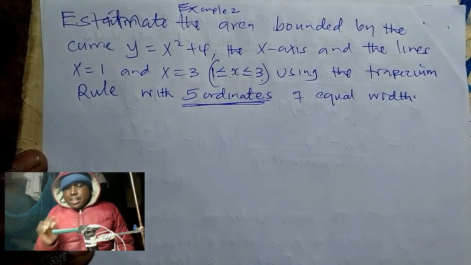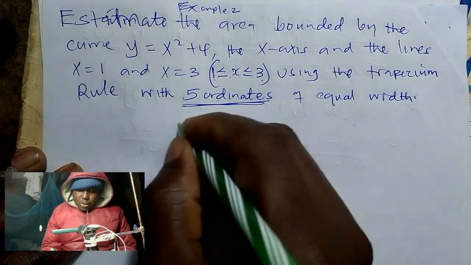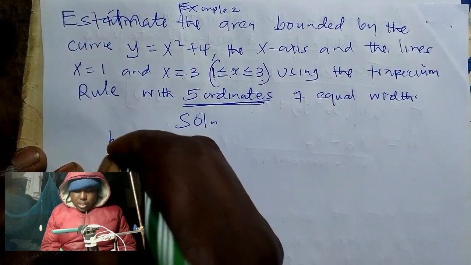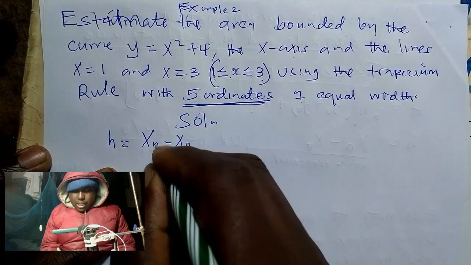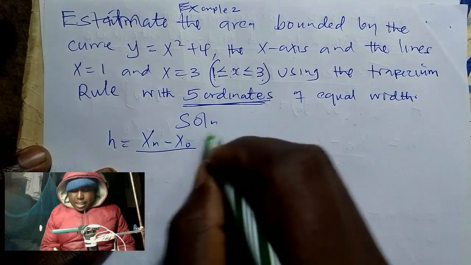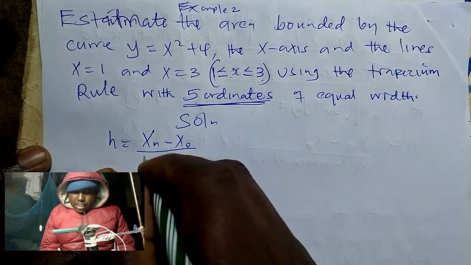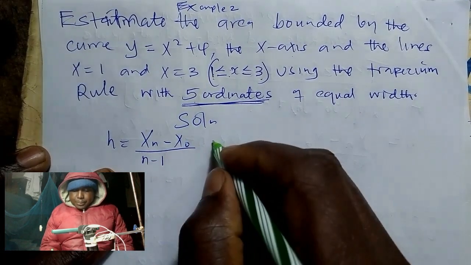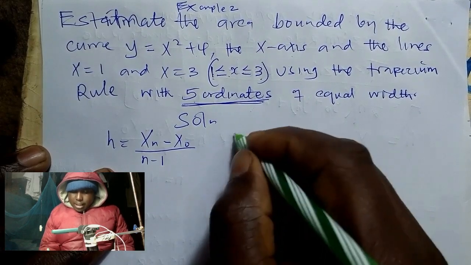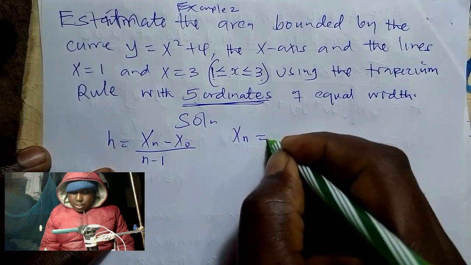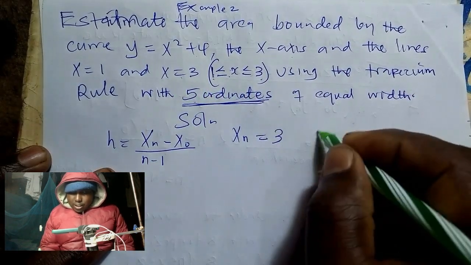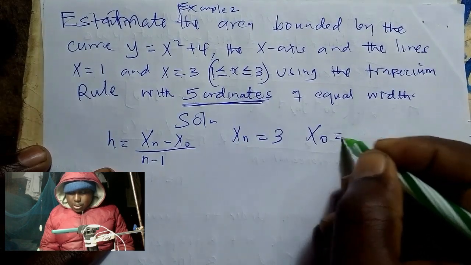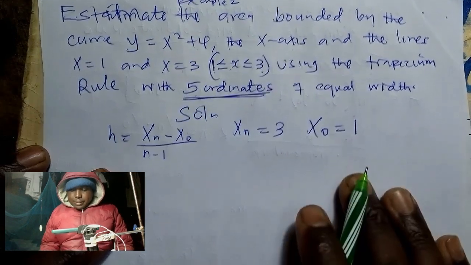Now h in this case, we are going to find that because that's where we need to start. So h is equal to xn minus x naught, divided by the number of ordinates minus 1. So xn is the final range, which is 3. x naught is where we start, which is 1.